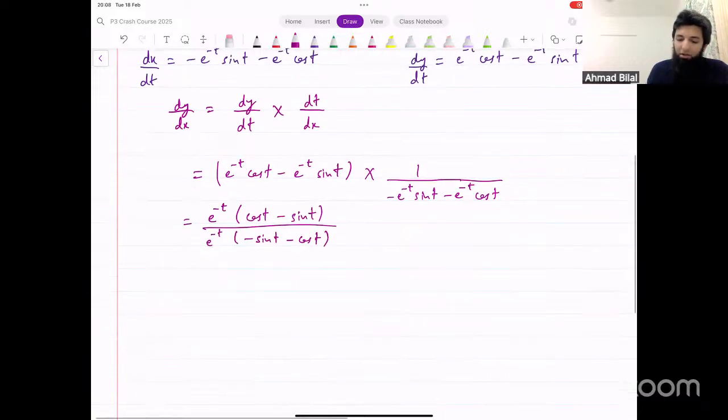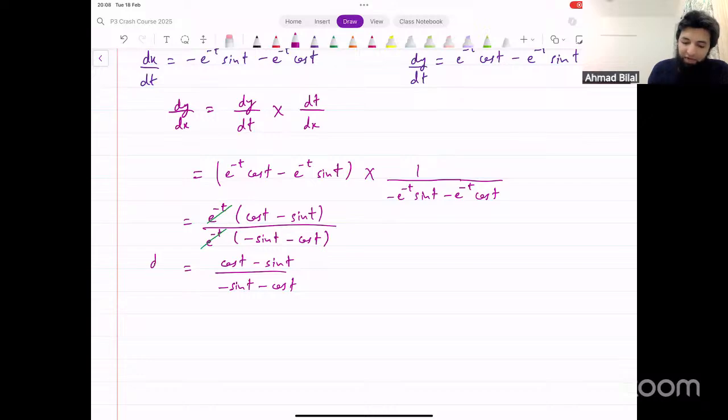Okay. Now, e power minus t and e power minus t, they get cancelled. And we're left with cos of t minus sine t divided by minus sine t minus cos t. Okay, so we have simplified everything. This is what dy over dx is turning out to be at this point.